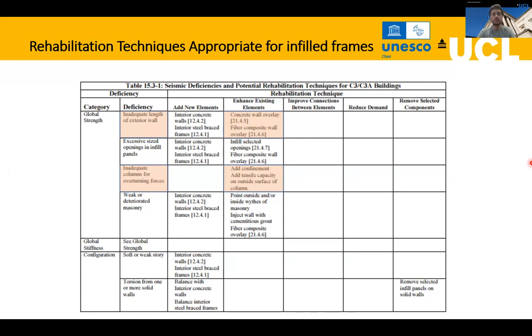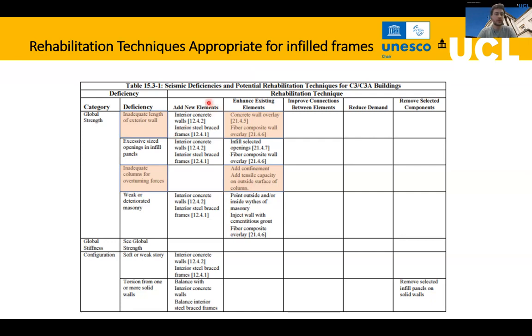Again, we can go to the FEMA 647 tables in which they relate the deficiencies with the rehabilitation techniques. And we can see here that if the problem is global strength, then we can do different alternatives, such as adding new elements or enhancing existing elements.